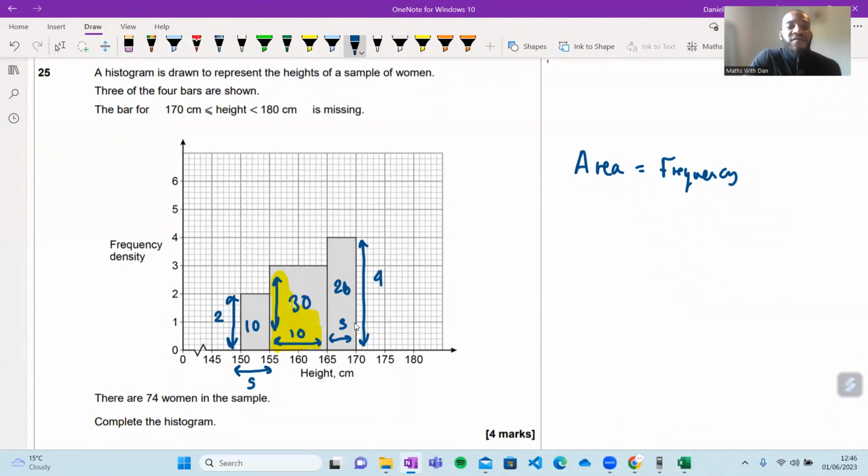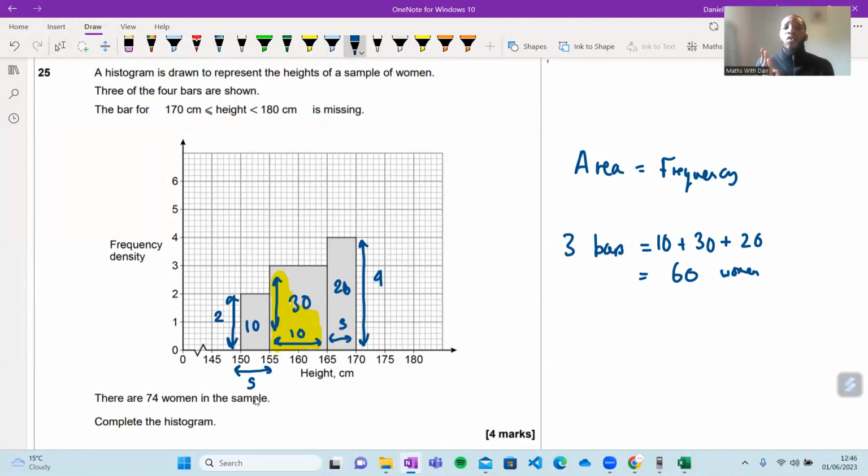So therefore, the 3 bars have a frequency of 10 plus 30 plus 20. What's this equal to? 10 plus 30 is 40, plus 20 is 60. There are 60 women in the first 3 bars.